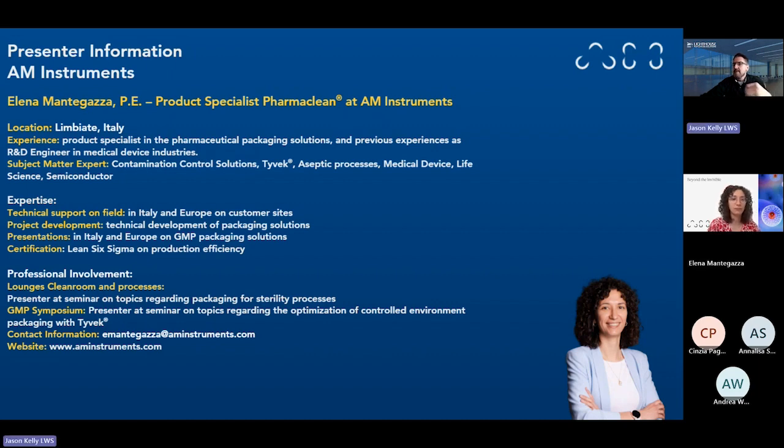And I see you position yourself as a subject matter expert in contamination control solutions. You mentioned Tyvek, the aseptic process. Obviously, the industries you cover: medical device, life sciences, even semiconductor. That's interesting. Yeah, all these experiences are thanks to AM because, of course, they are all focused on the pharmaceutical industries and also semiconductor.